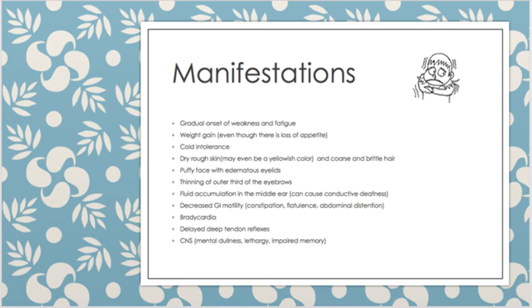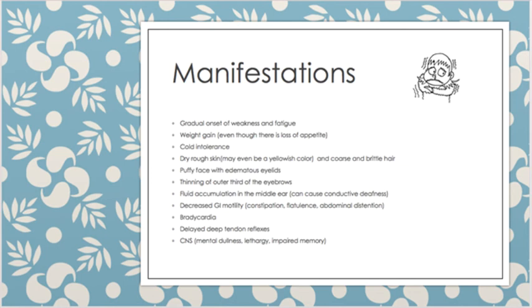Coarse, brittle hair. You might see a puffy face with edematous eyelids. Thinning of the outer third of the eyebrows, which I actually did not know until I was reading the patho book. And funny enough, I have that. So everybody look at my eyebrows on Wednesday.